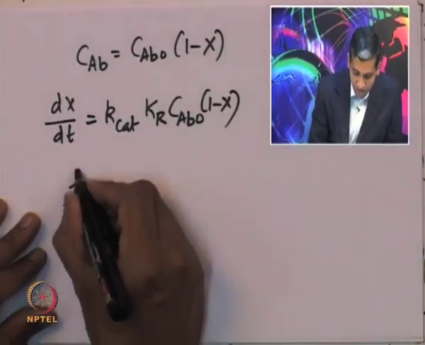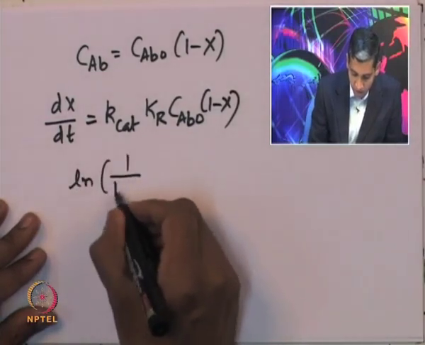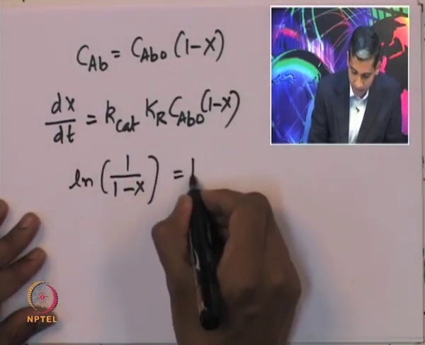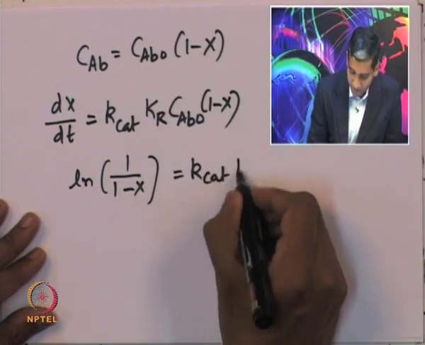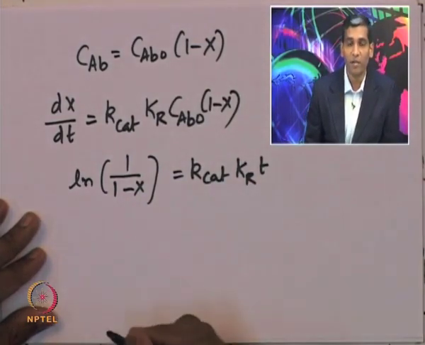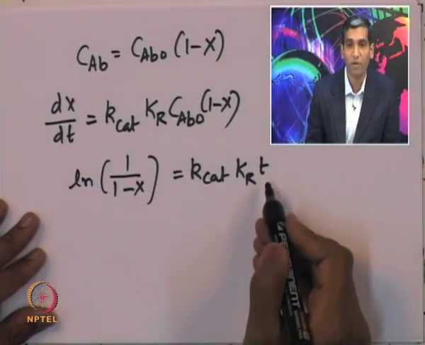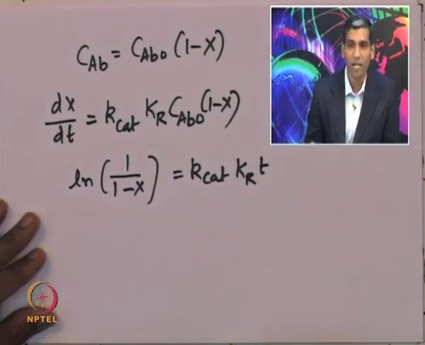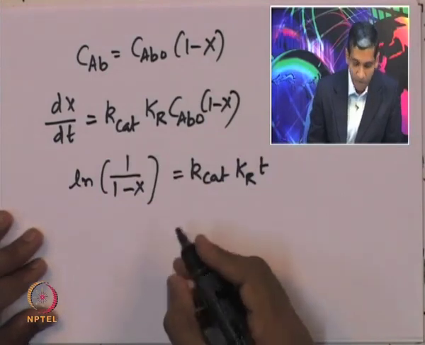Now we can solve this equation, and you can find that ln of 1 by 1 minus x is equal to K_cat into Kr into t. This provides a relationship between the conversion as a function of the time that is spent by the rising bubble inside the fluidized bed reactor.